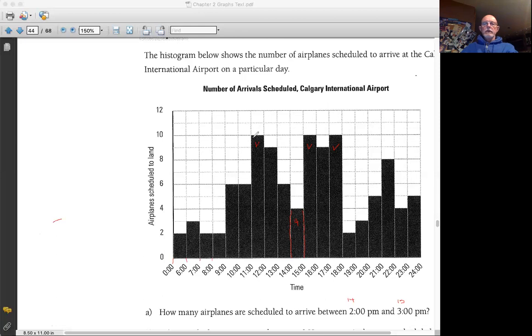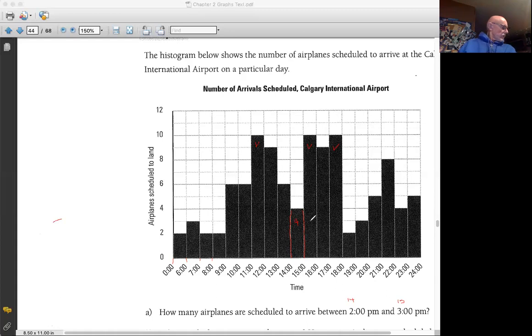So between 11, are you reading this? Between 11 and 12, there's 10. Between 1500 and 1600, 3 o'clock to 4 o'clock, and from 5 o'clock to 6 o'clock p.m. That's where the most are.